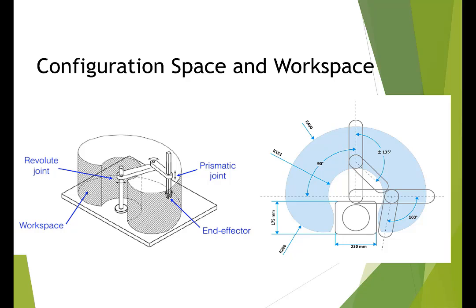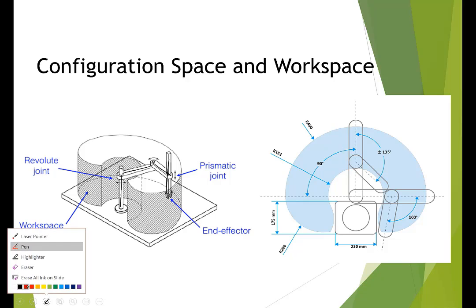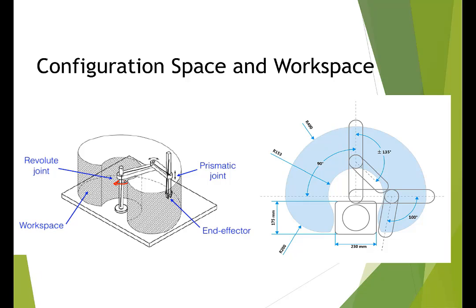Consider this robot that has four links and also three joints. Based on the length of these links and how much these joints have moved, the end effector of the robot can occupy a certain space in 3D space.